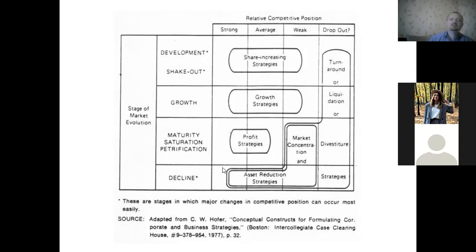And this is the main idea of the Hofer matrix. So it is possible to look at our company not only now, but to use it like a time machine and look at the future situation of our company.